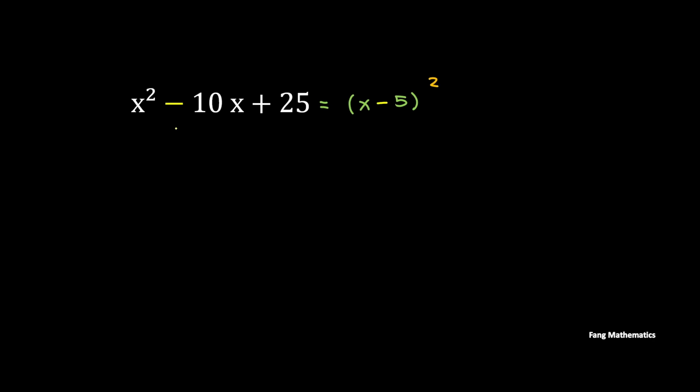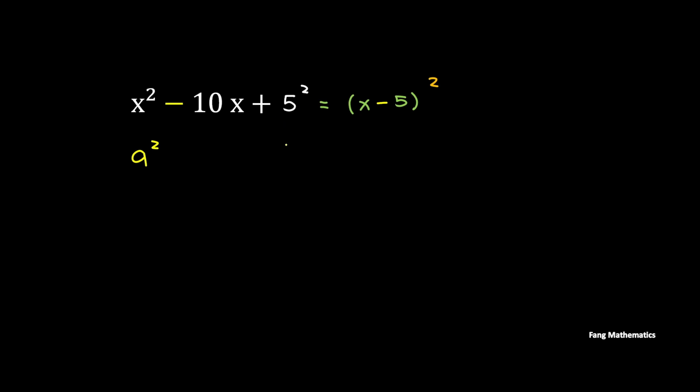We are to generalize the pattern, so in place of x, you put a squared. We leave the minus 10x alone first, and we look at the 25. We can rewrite the 25 in terms of a square number, that is 5 squared.